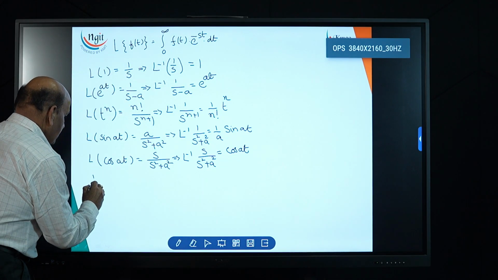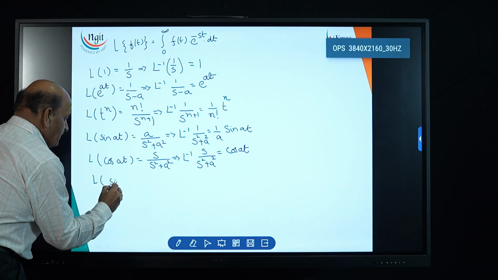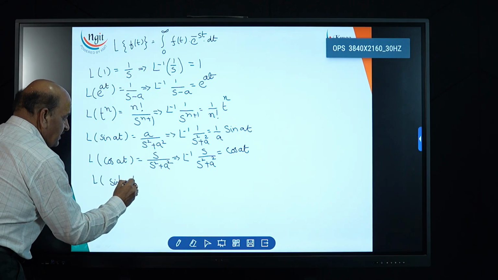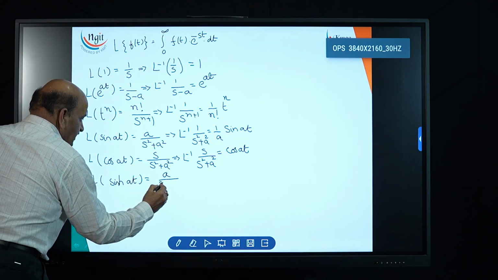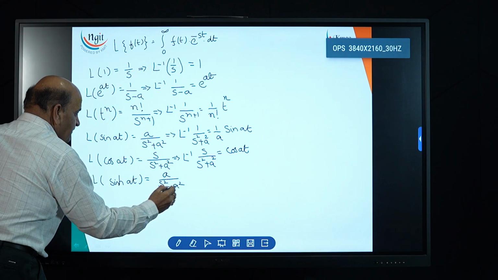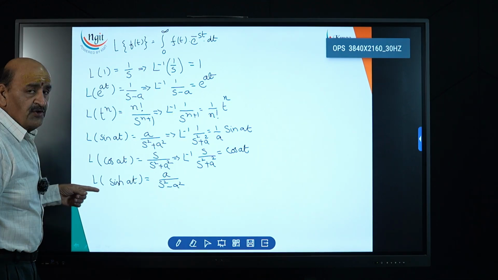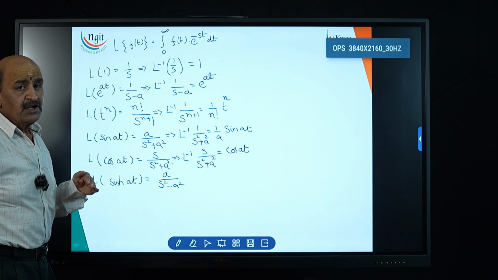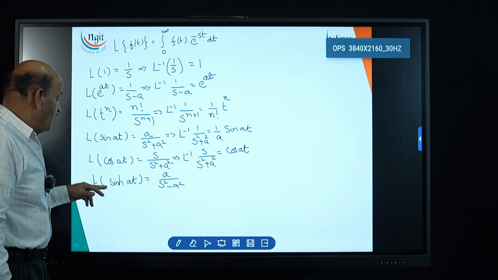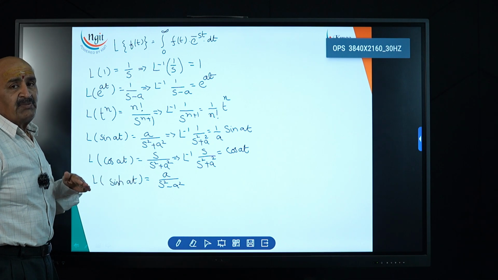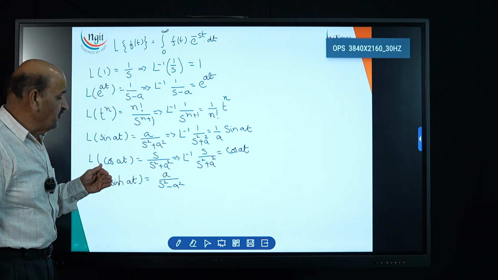Now, Laplace transformation of the hyperbolic function sin h at is equal to a by s square minus a square. Sin at and cos at are plain trigonometric signals or functions. Sin h at or cos h at are hyperbolic trigonometric functions or signals.